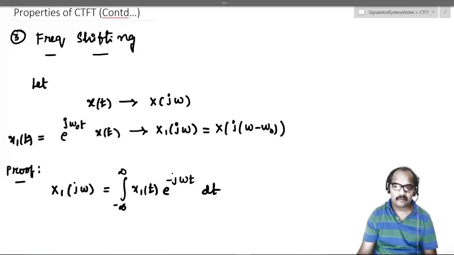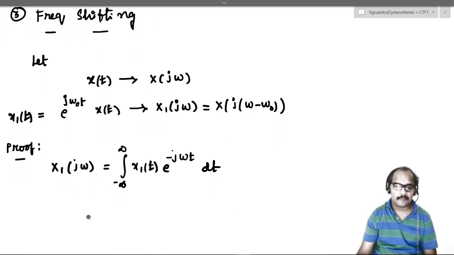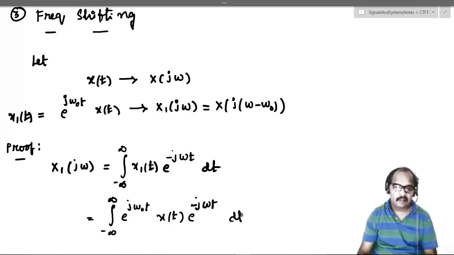Let us substitute our x1 of t, which is e power j omega naught t x of t, multiplied with e power minus j omega t dt.